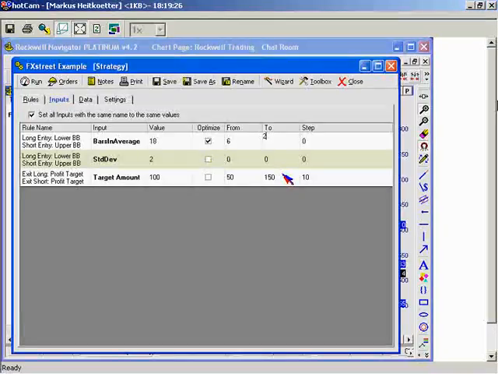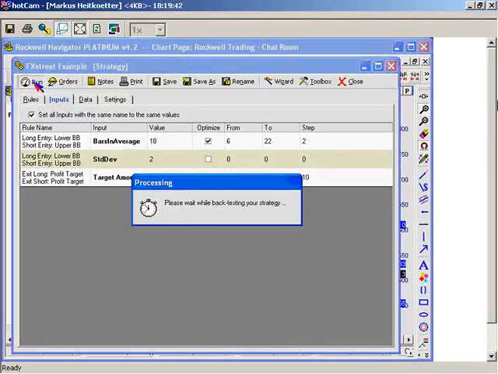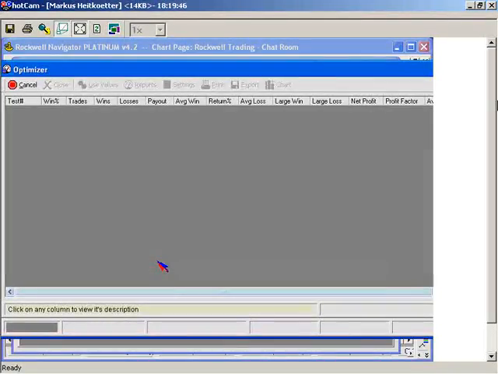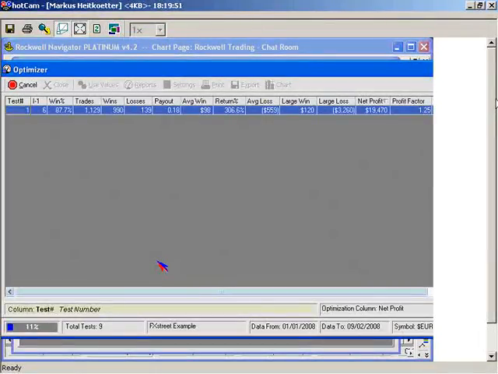And just to make this a little bit faster here, I go in steps of 2. So I'm testing a parameter of 6, 8, 10, 12, 14, and so on. So let me run the optimizer here, and let's take a look at some key performance figures and see how they change, and let's see if this actually helps our performance here.